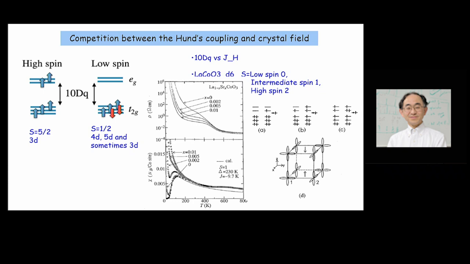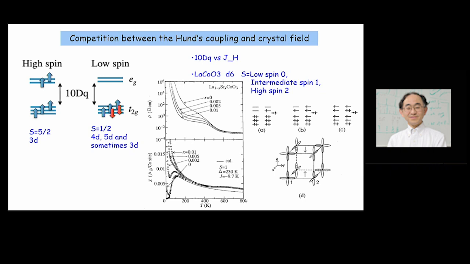This occurs for the 4d and 5d orbitals, and sometimes for the 3d. One typical example of this competition is the cobalt oxides. For example, if you have a d6 configuration, then S could take three possible values. Spin 0 is the low spin state, the intermediate spin state has S equal to 1, and the high spin state is 2, which is schematically shown on the left of these figures. Then this shows some magnetic transition.